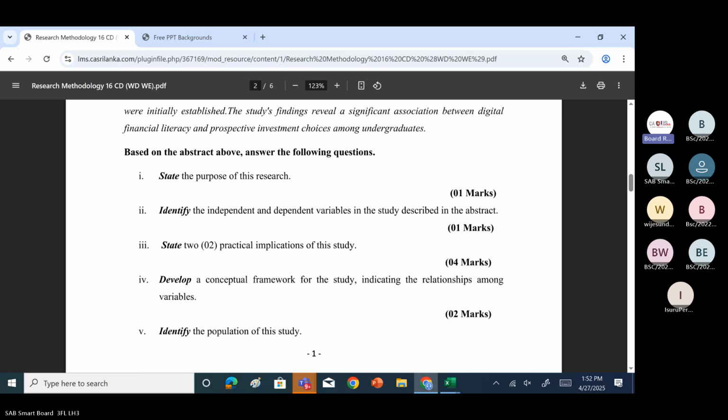Say the purpose of this research. Okay, write down the answers. Exactly, you have already done it. Write down the answers. Quickly, I will give you 10 minutes to write down the answers, because I will do this one entirely like the purpose of the question. Therefore, I will provide the answer as it is calculated.